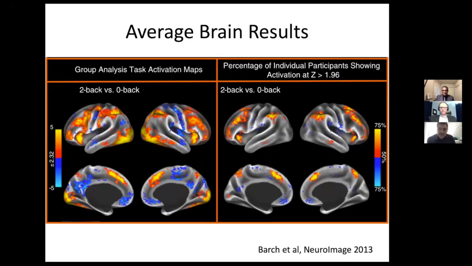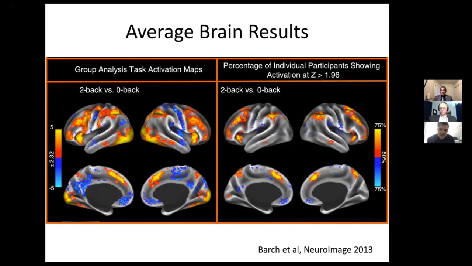If you look into the fMRI literature, there's a similar problem, which is that if you just look at group maps, like you see on the left side for a common working memory task, you see a certain pattern of activation. But then if you look on the right at how many actual people have strong activation in those particular areas for that same contrast, it looks a little bit different. In most cases, a bit smaller, and the shape changes a little bit more.